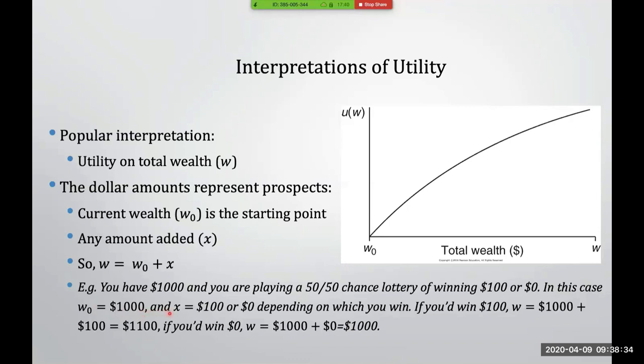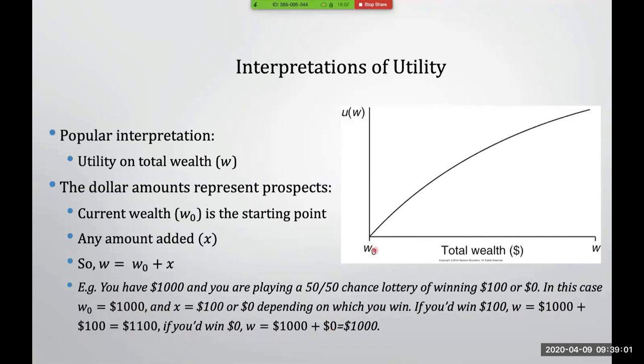And here, X is the amount added. X could be $100 or $0, depending on which one you win. If you win $100, then at the end of the day, W would be equal to $1,000 plus $100. And if you win $0, then the wealth that you end up with is just $1,000 plus 0.